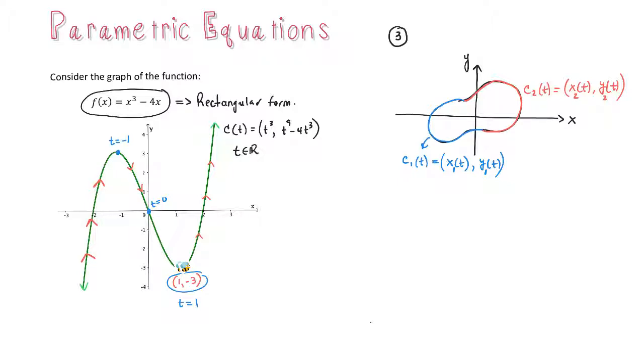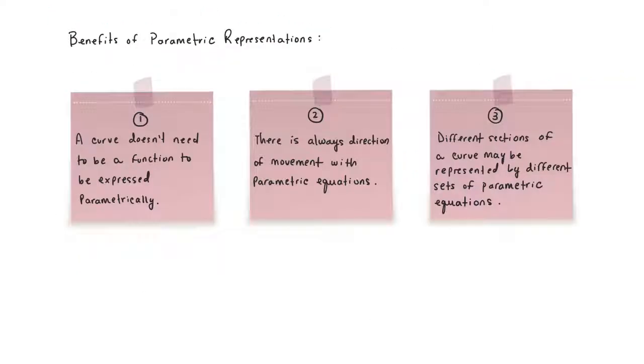With parametric equations, we can get crazy with these graphs. We can have different parametric equations representing different portions of the graph. Again, something that we cannot do with a rectangular representation of a graph. Let us summarize here the three benefits of representing a curve in parametric form.